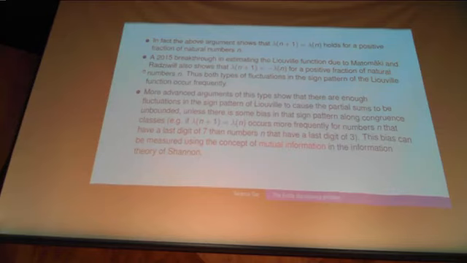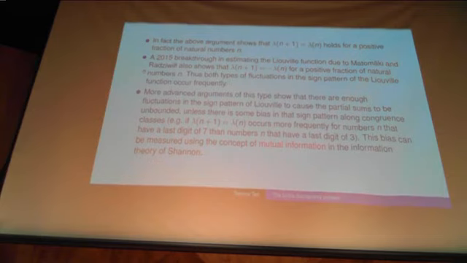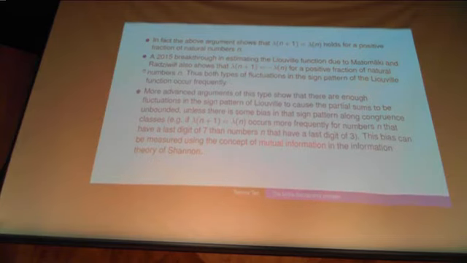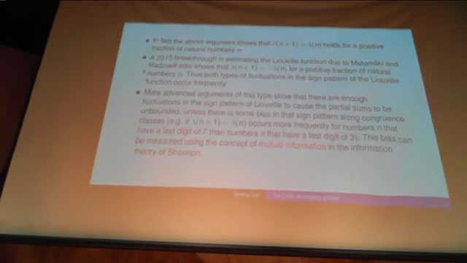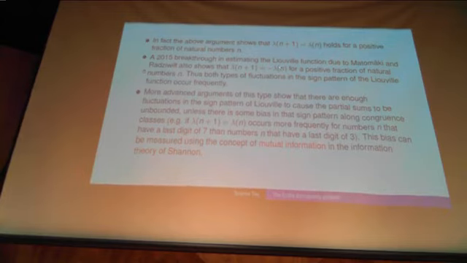You would expect this, because if you want random behavior, you want equal signs half the time and opposite signs half the time. But it wasn't until 2015 that it was actually known that opposite sign fluctuations happen a positive fraction of the time.